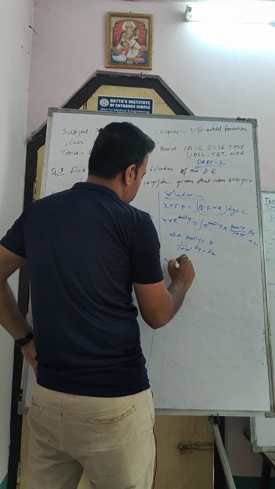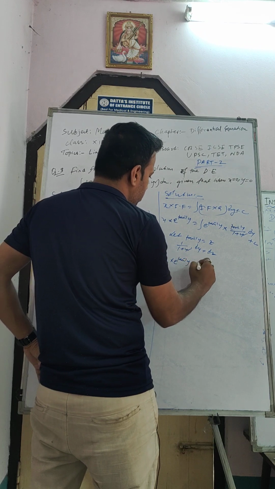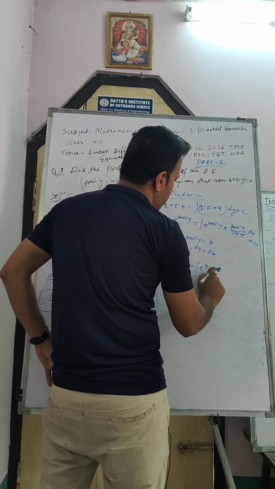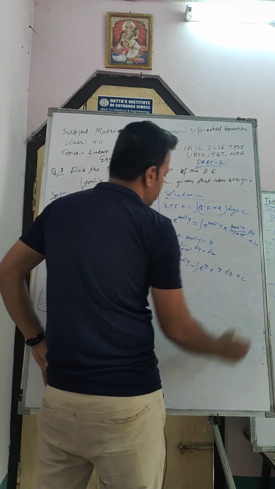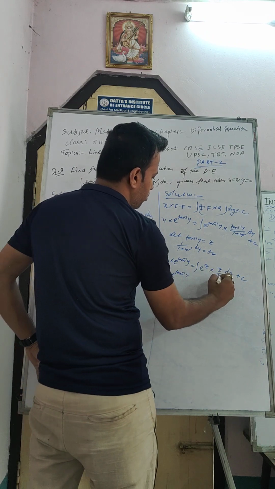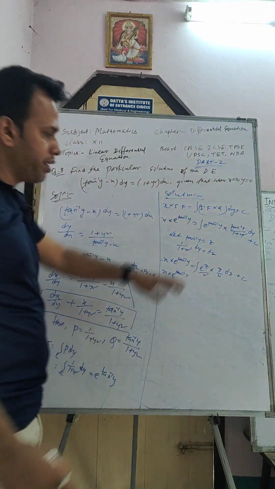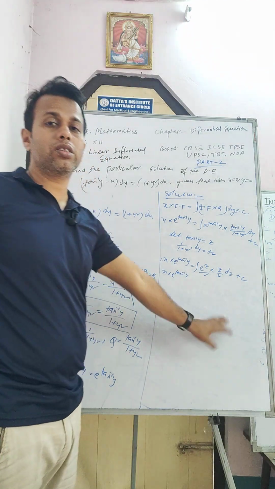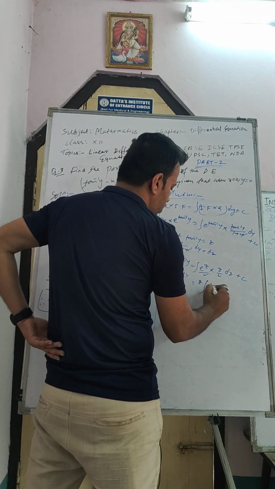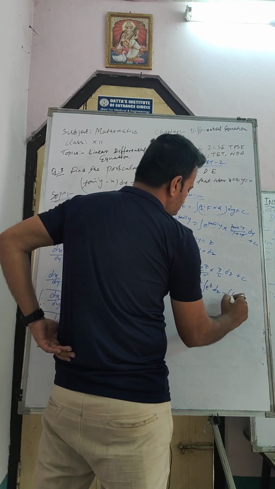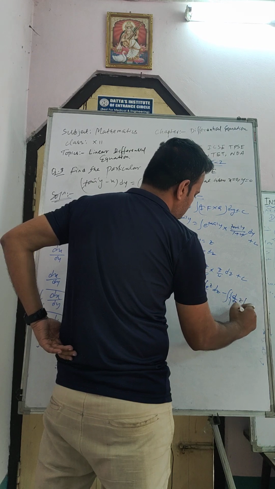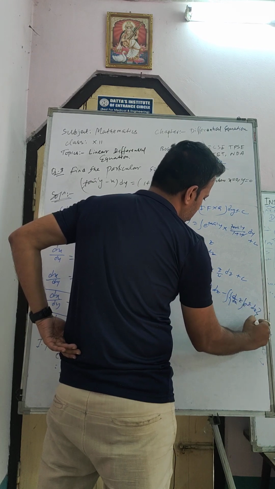So therefore x into e to the power tan inverse y equal to integral of e to the power z dz plus c. Now here again it is in the form of integration by parts, u into v, is not it? Fine. So what it will be: e to the power z dz minus integral of d by dx of z into e to the power z dz plus c.